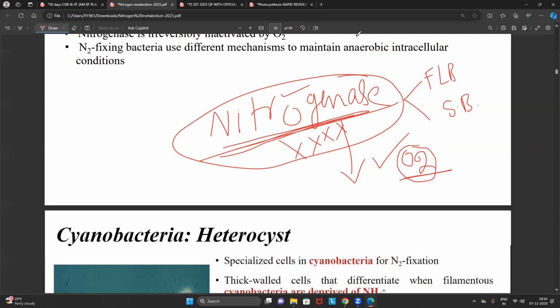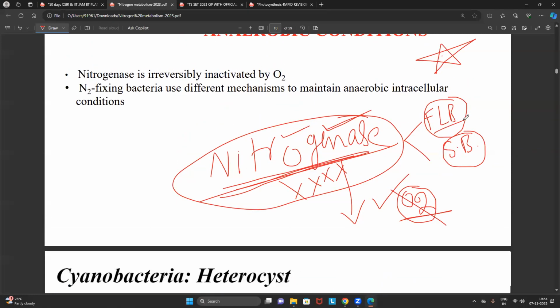Don't get confused. So, all the students remember, whether it is a free living bacteria or a symbiotic bacteria, whenever they are using this enzyme, they have to create an environment where there should not be oxygen. In simple words, the free living bacteria and symbiotic bacteria have to maintain anaerobic conditions compulsorily. That's the crucial point. If they are not maintaining the anaerobic condition, the enzyme never works.